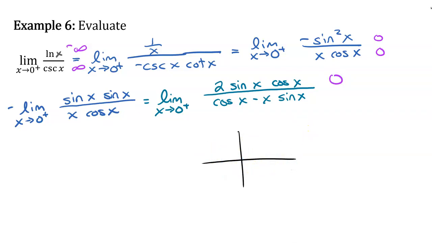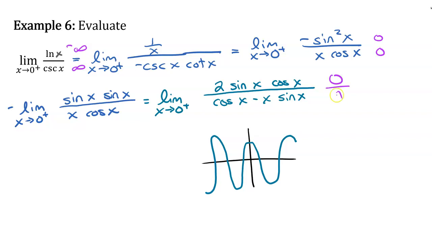So the cosine minus x sine x would be very similar to the cosine graph, but this time we'll have a lot more wiggle. And, oop, that's not right. Do something like this. There we go. So that would be 0 over 1 as x approaches 0 from the right.